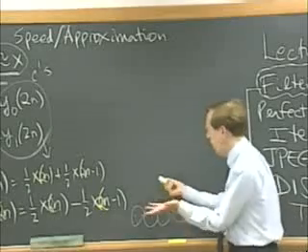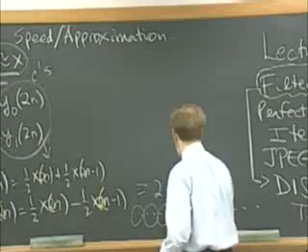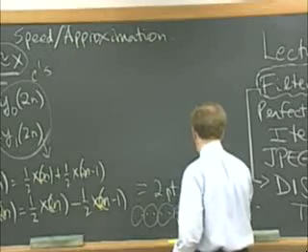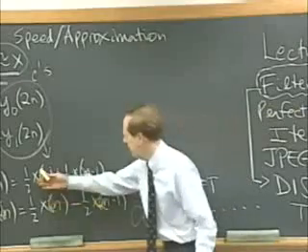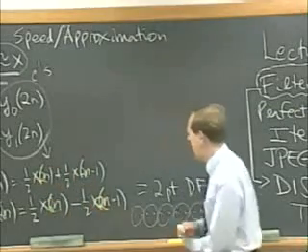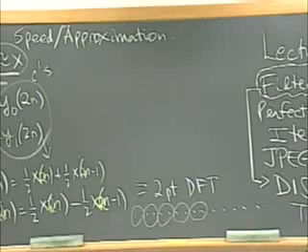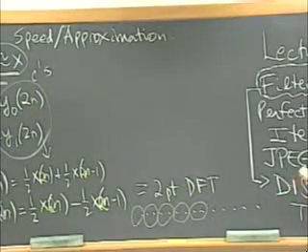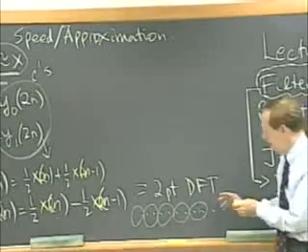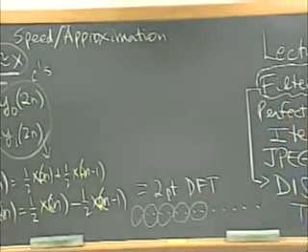It's really a 2-point discrete Fourier transform. This is the matrix 1, 1, 1, minus 1 for the DFT. But it's simple, so it doesn't capture all the possibilities.